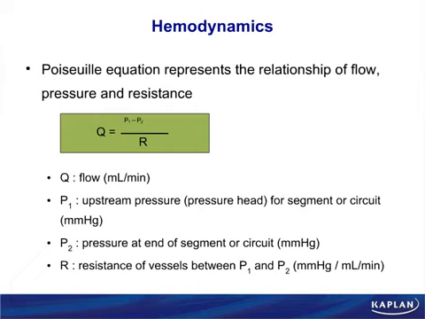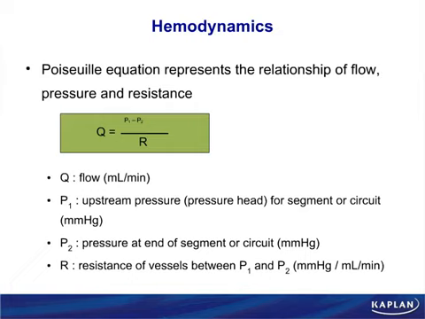In the green box, you see the relationship. Flow is equal to the change in pressure, P1 minus P2, divided by the resistance. P1 we can also call the upstream pressure, or pressure head. This is where we have a higher pressure. With blood flow, it always goes from high pressure to low pressure, and the same occurs with airflow.